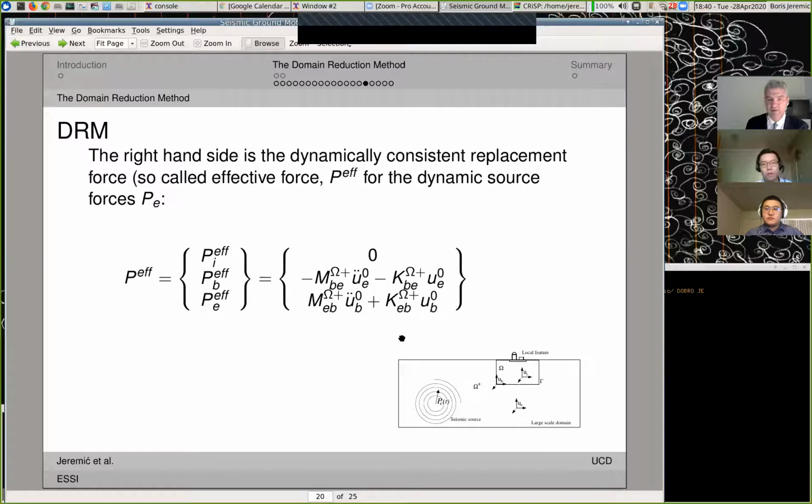Just one layer of elements. All the other ones are dropping out. They don't exist anymore. So we multiply those off-diagonal terms with free field displacements at nodes E, and free field accelerations and displacements at nodes B.